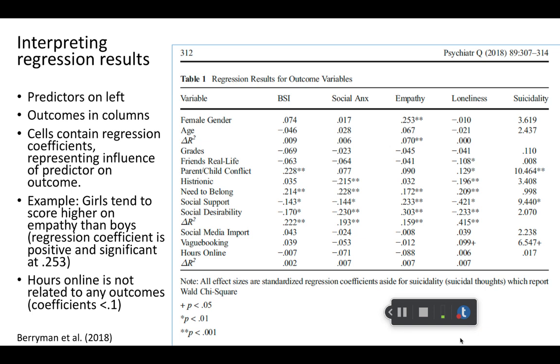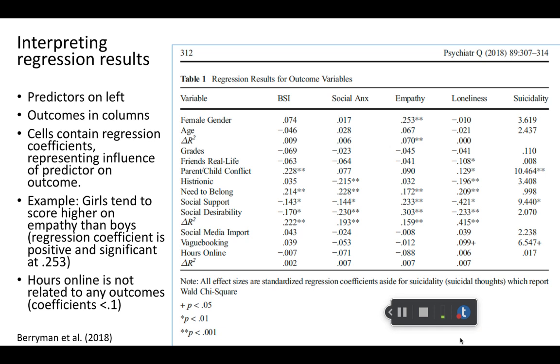And then we also have some results of self-reported instruments that measure friends in real life, parent-child conflict, histrionic personality tendencies, the need to belong, social support, social desirability, social media importance to the young person, involvement in Facebooking, and hours online. You can ignore for now the triangles with the R2s next to them. We'll just move right along.